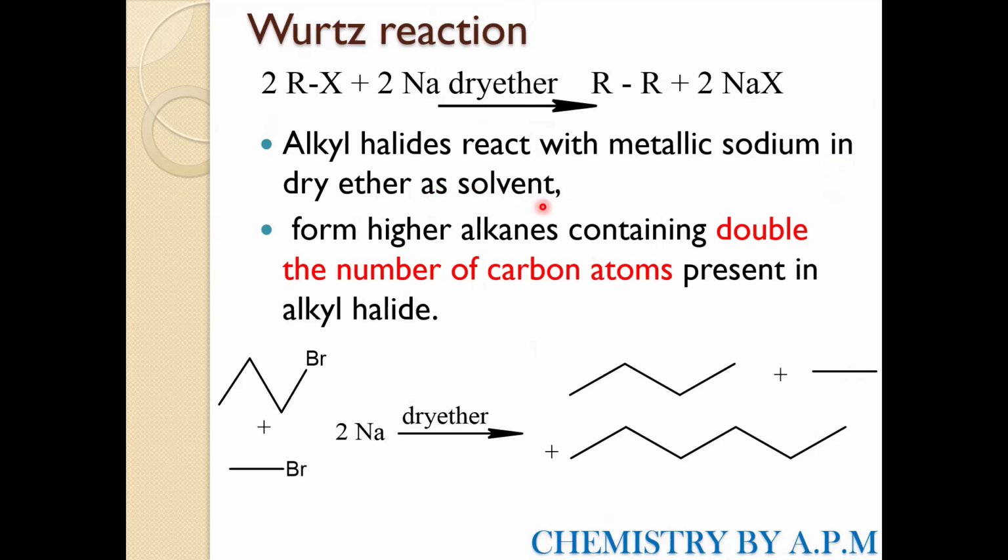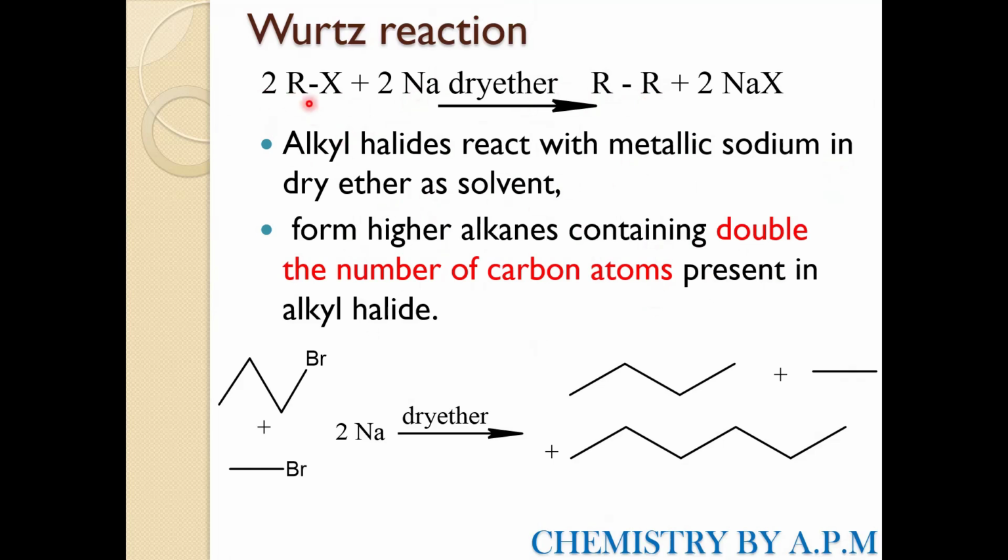Dry ether is in liquid state at room temperature, it is not a solid. So when we treat an alkyl halide with metallic sodium in the presence of dry ether, you get the formation of an alkane containing double the number of carbon atoms present in the alkyl halide. So twice the equivalent of R-X and twice the equivalent of sodium metal treated with dry ether give R bonded with R.